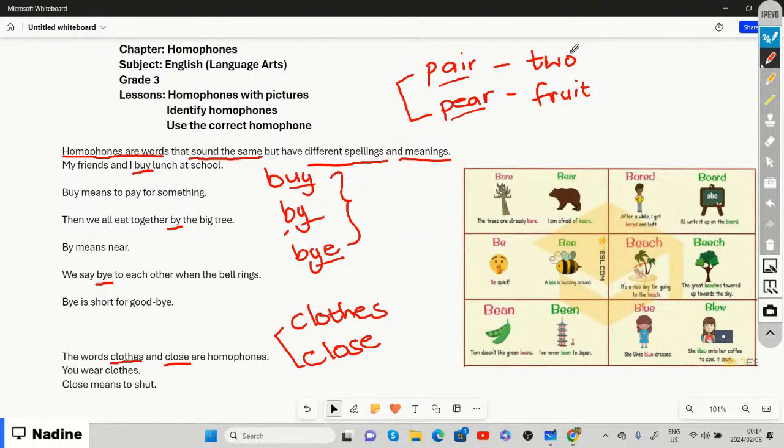If you look at these three examples that we made about buy, pair, as well as clothes, we call these homophones because they are words that sound the same, but the spelling of the words, which I even underlined, as well as the meaning of the words are different. I even tried to simplify the meaning to make it more understandable.